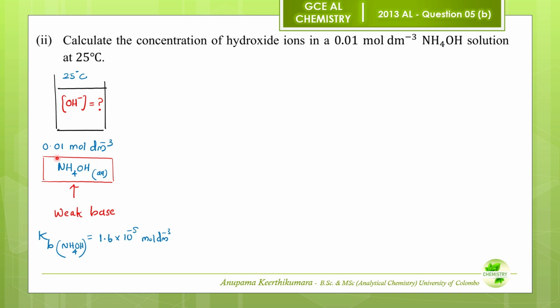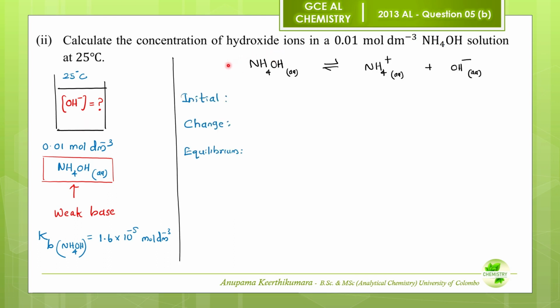The concentration of the given ammonium hydroxide solution is 0.01 moles per cubic decimeter, and the base dissociation constant of ammonium hydroxide is also given in the question, and we need to calculate the OH minus, or the hydroxide ion concentration, of this weak basic solution. This weak base ammonium hydroxide undergoes partial dissociation and produces ammonium ions and OH minus ions in aqueous solution.